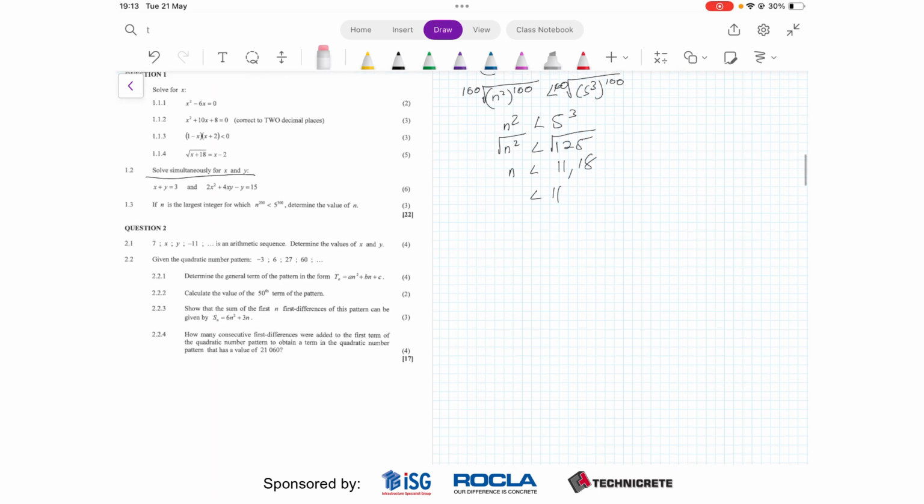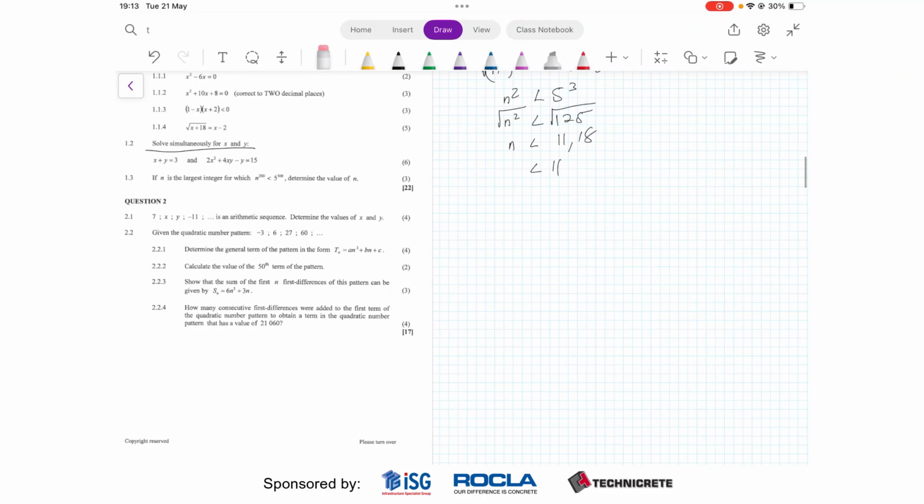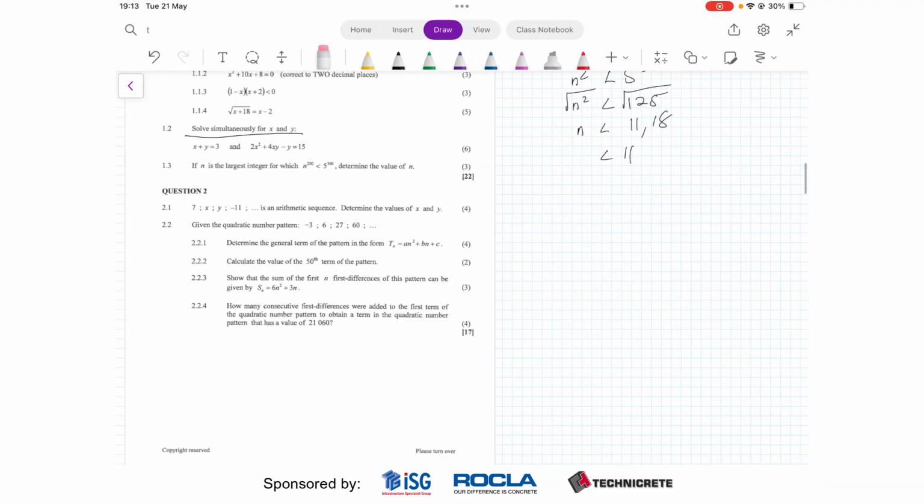Now moving on to our sequences and series. Nice thing is we have a sequence in this case for question 2.1. We are told that 7x, y, and −11 is an arithmetic sequence. Determine the values of x and y.